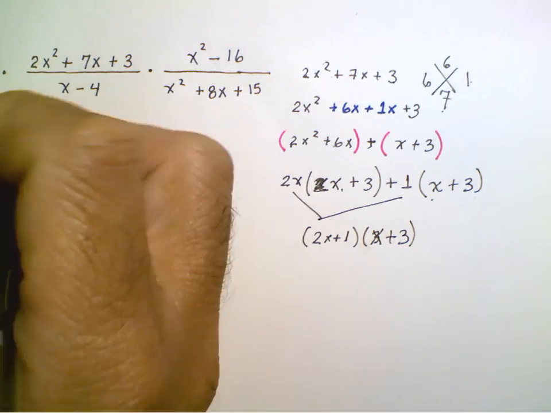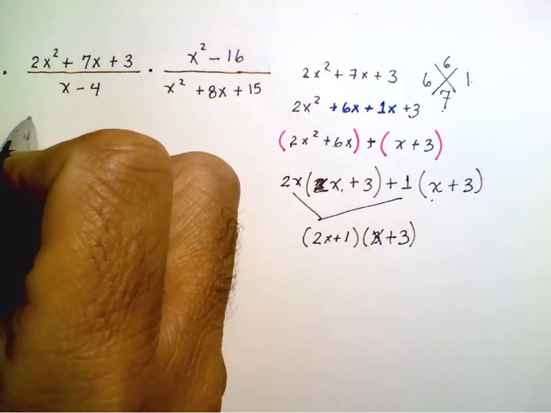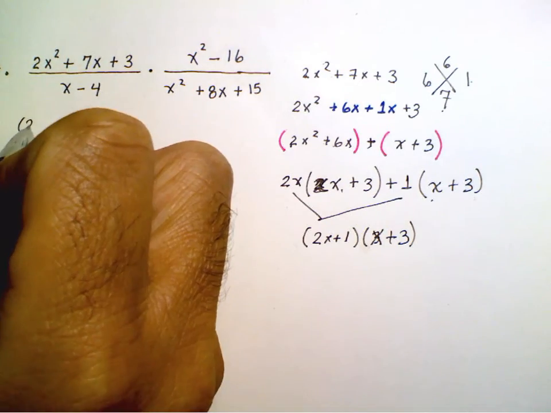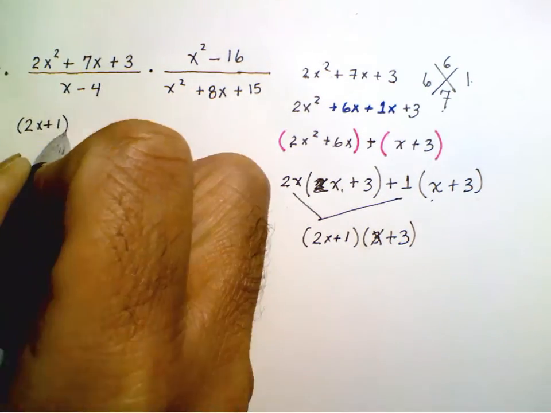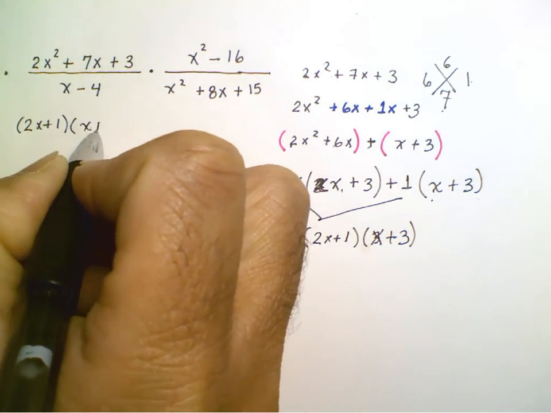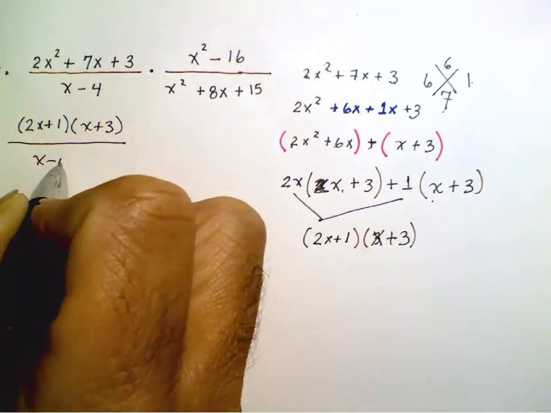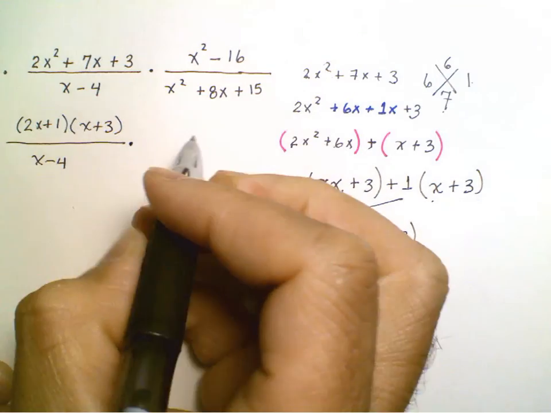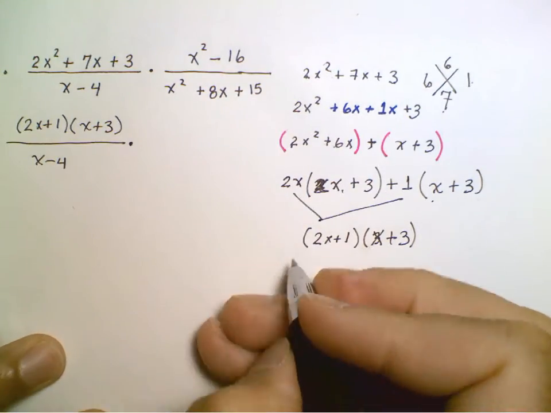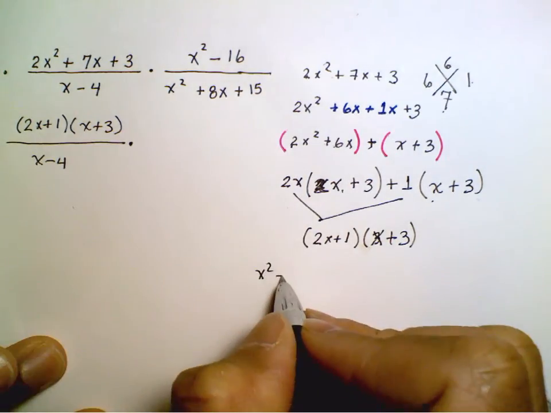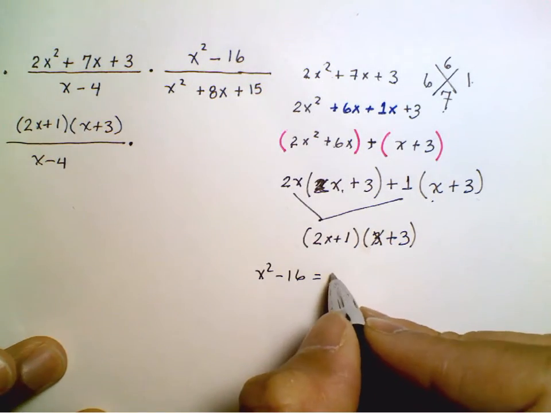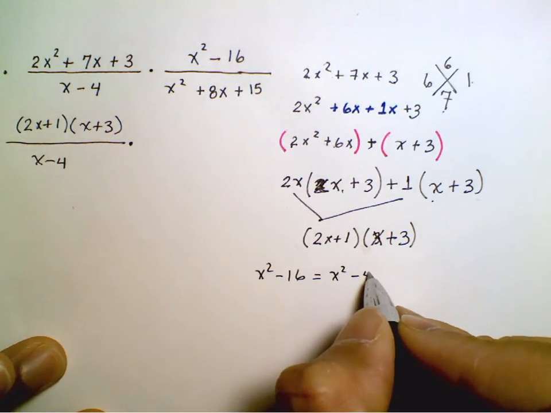So here, let's write this expression. So I have 2x plus 1, x plus 3 over x minus 4, times, then I have x squared. I'm going to do it here. x squared minus 16 is the same as having x squared minus 4 squared.